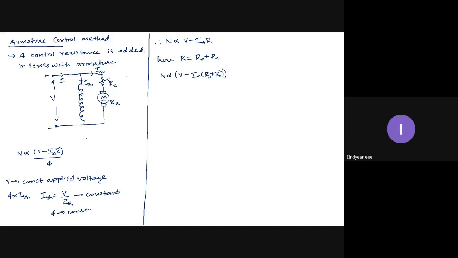So when control resistance is 0, N is proportional to V minus Ia Ra. This is back EMF. V minus Ia into (Ra plus Rc) is a back EMF.